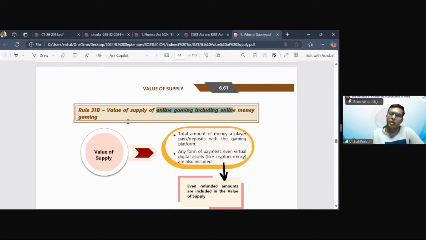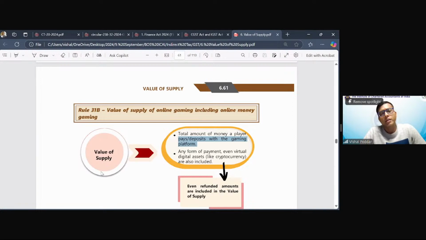100 multiple times. Most important point over here is they will charge tax not on the amount which you are putting for playing the game. Very important. Here, they will charge tax on the amount that you are depositing with the gaming company. In other words, the amount which you deposit in your wallet.